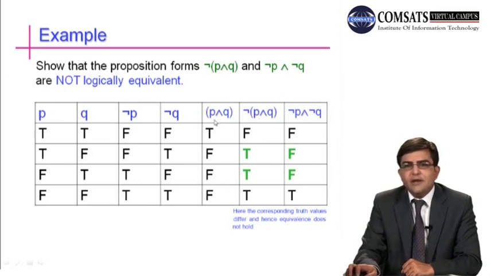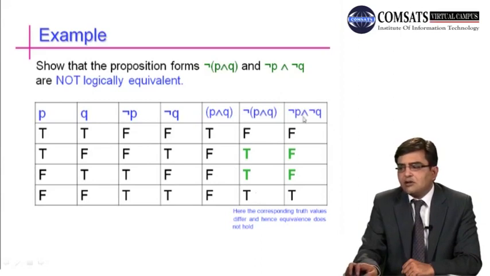Now as we know, P and Q is given in this column, and for the negation of P and Q, for T we will have F, for F we will have T, for F we will have T, for F we have T here.